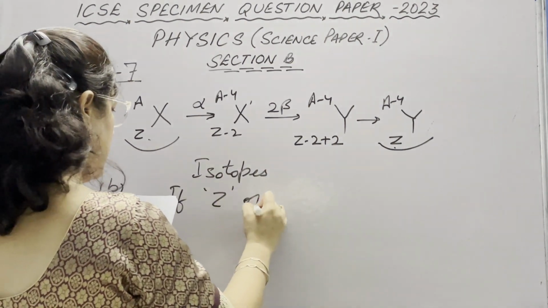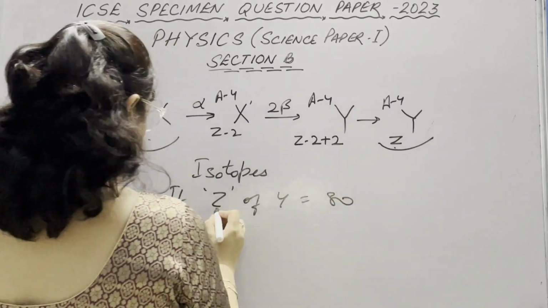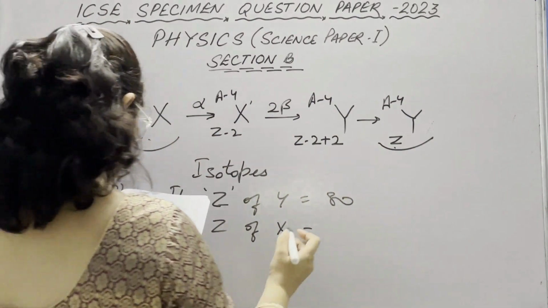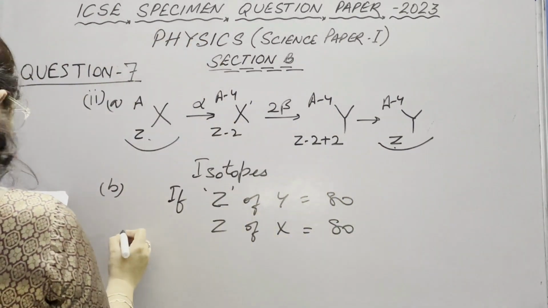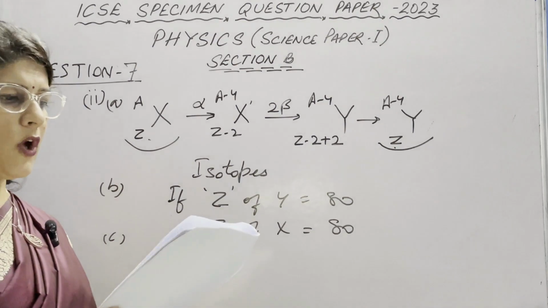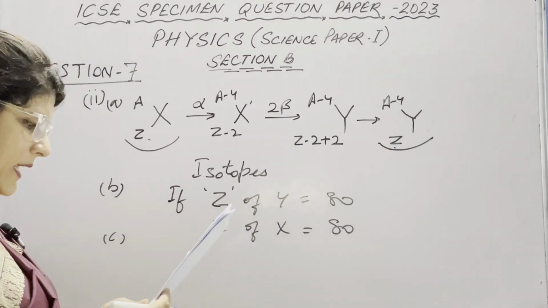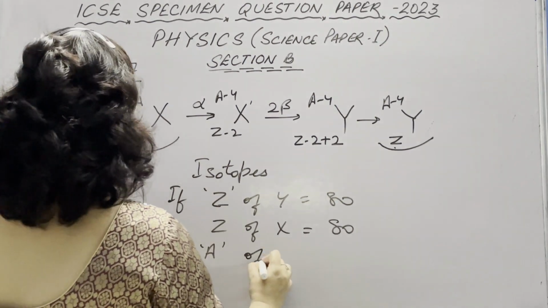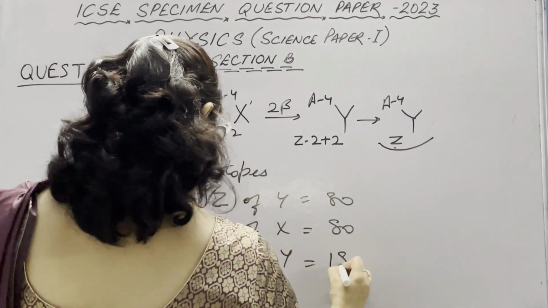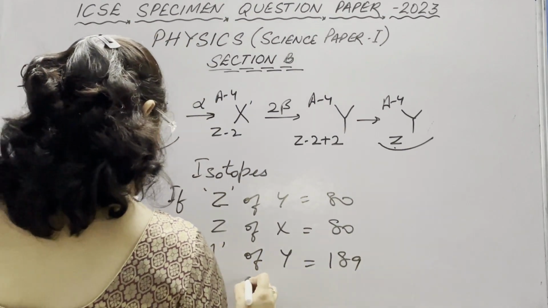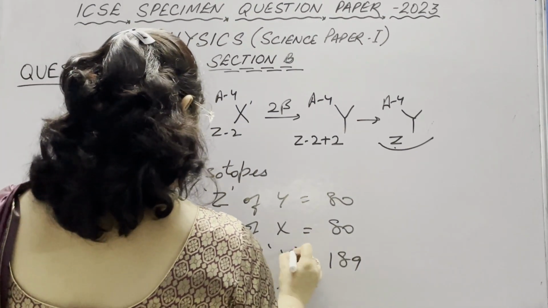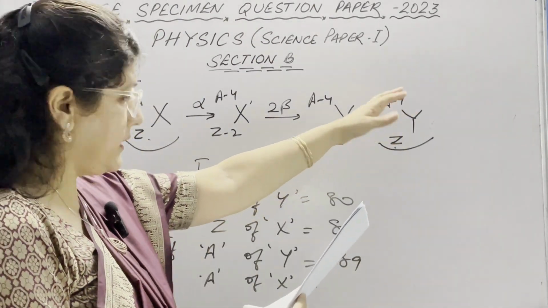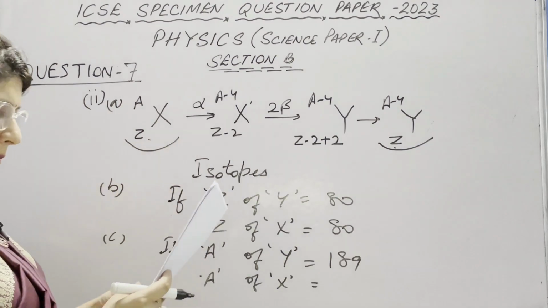If the atomic number of Y is 80, then the atomic number of X is the same, it means 80. In C part, if the mass number A of Y is 189, then the mass number of X is calculated as follows. 189 is here, it means minus 4 was applied, so here we need to calculate A. It means plus 4.